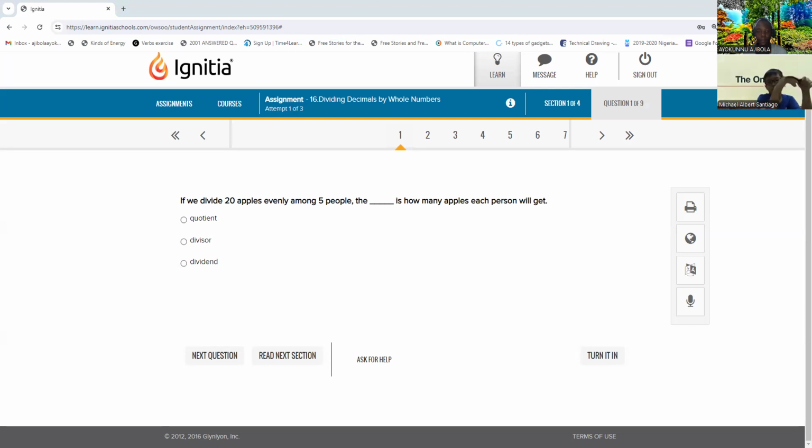Dividend. Dividend is the number we are trying to divide, okay? The 20 that we're trying to share is the dividend. Is that clear? Good. So what do you think the answer should be? Because we're looking for how many each person gets.